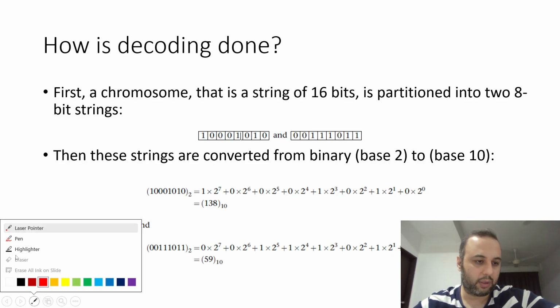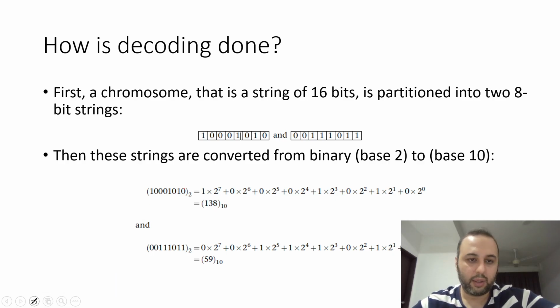I make it with a pen. Look at here. The value of the chromosome times 2 to the power of 0. The next value, which is 1, times 2 to the power of 1.